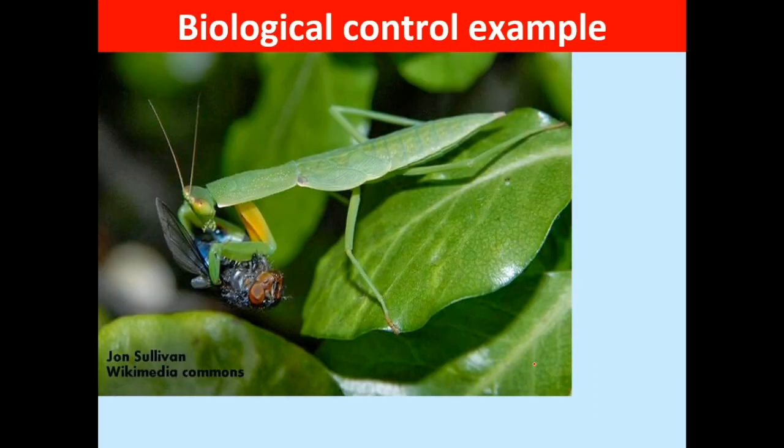The other example, some of you may already know, is the praying mantis. And the praying mantis is actually a really good insect to use as a predator because they generally eat anything. In this specific example, as you can see, the praying mantis eats dung flies.